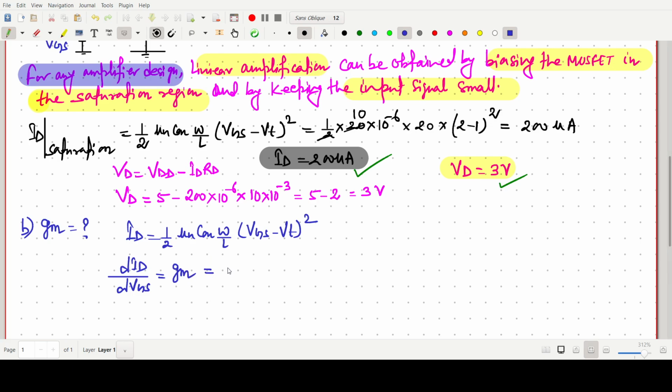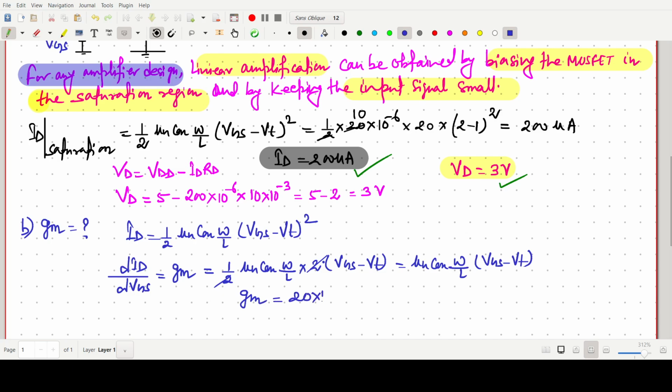Simple differentiation: 1 by 2 mu n COX W by L into 2 (VGS minus VT) into 1, so the 2 cancels out. It is simply mu n COX W by L (VGS minus VT). So GM is 20 micro, W by L 20, VGS minus VT 2 minus 1, so 400 into 10 to the power minus 6.